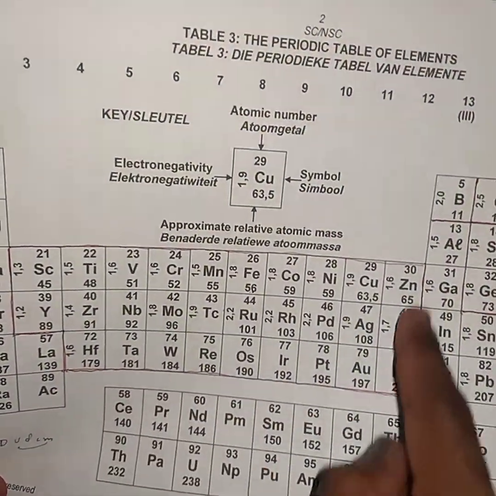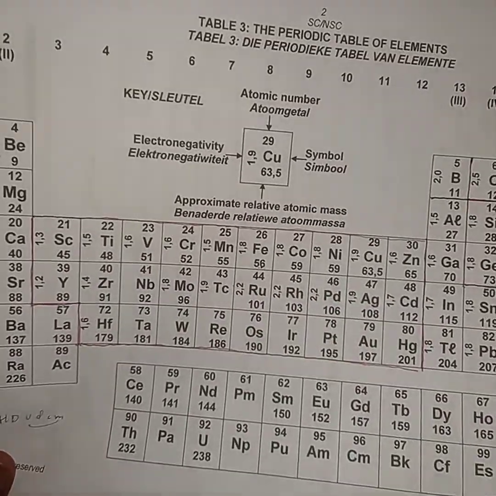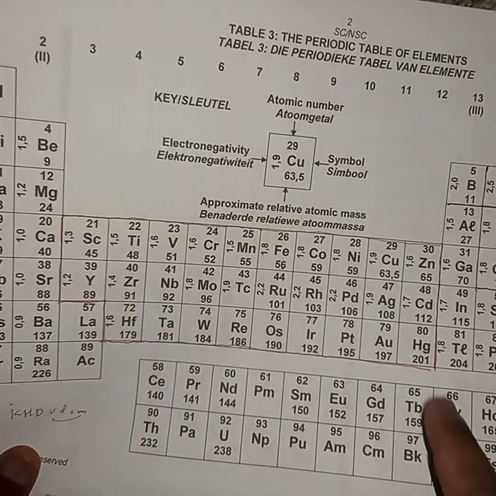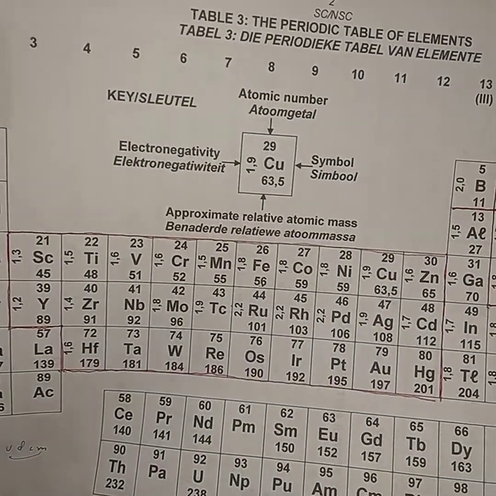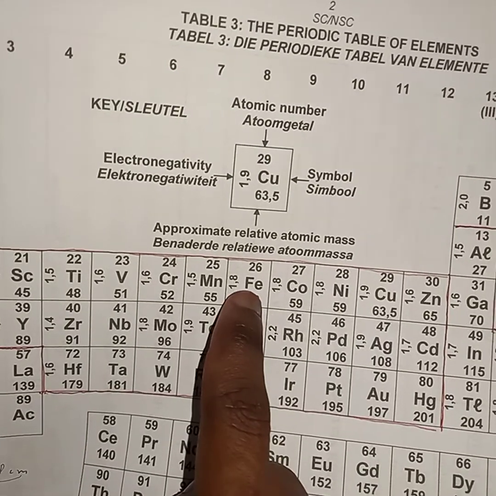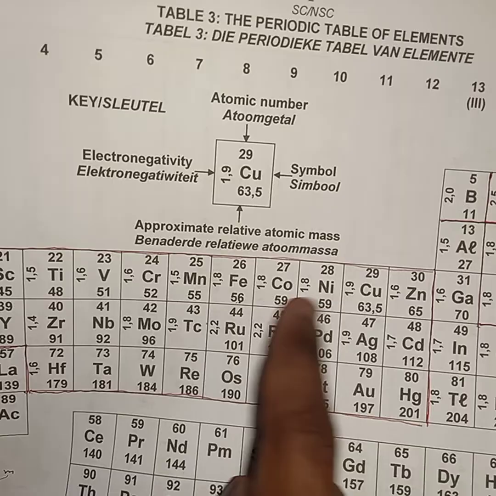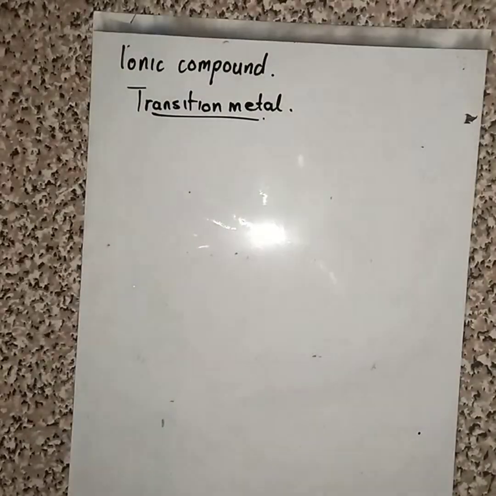I hope you can see this red pen. All those elements inside this boundary are the transition metals. The normal ones which we come across are iron, nickel, copper, cobalt, or silver.